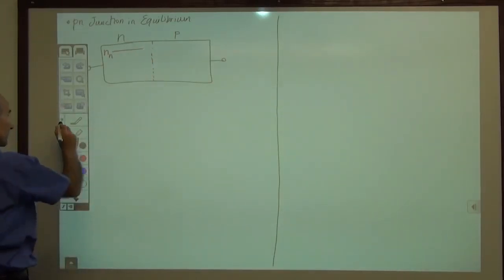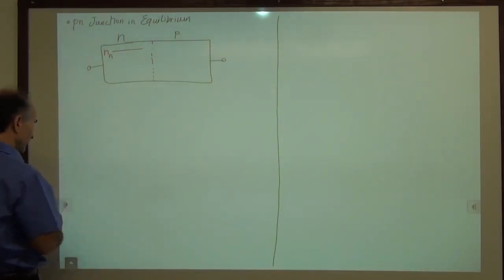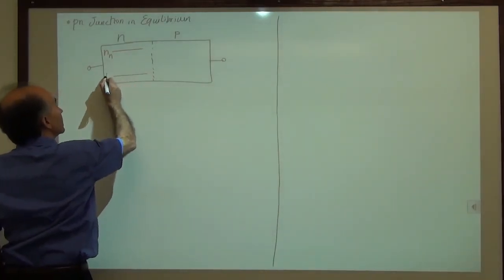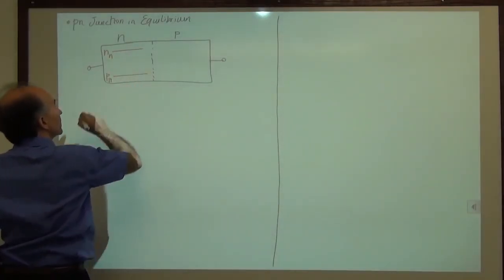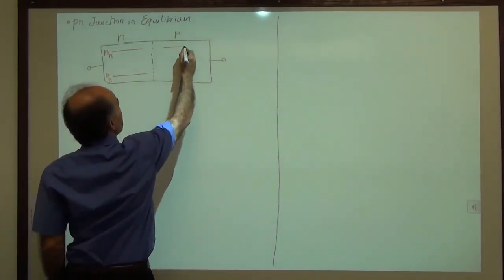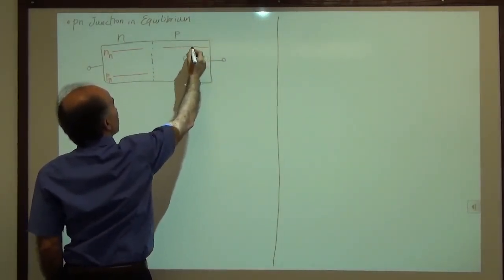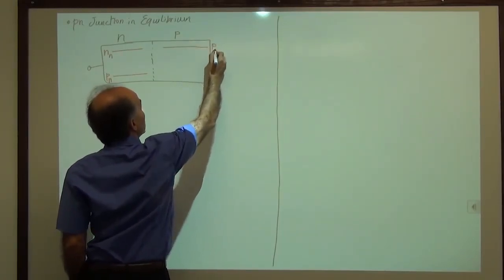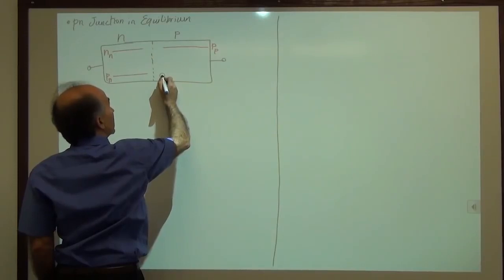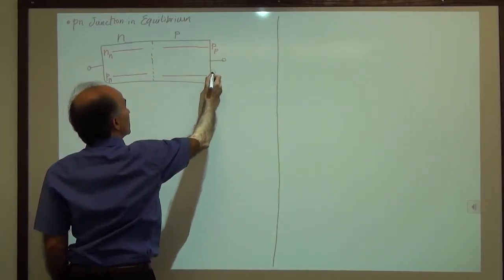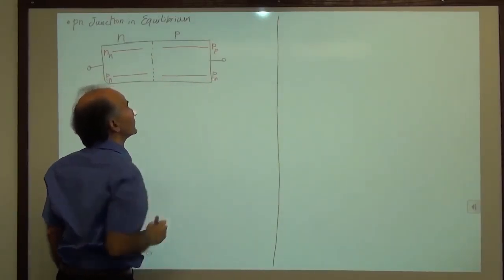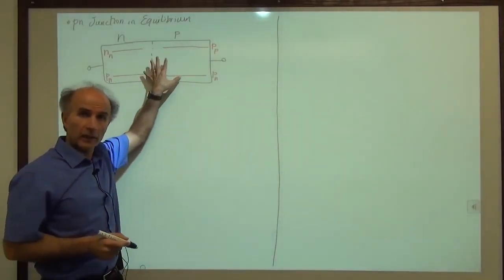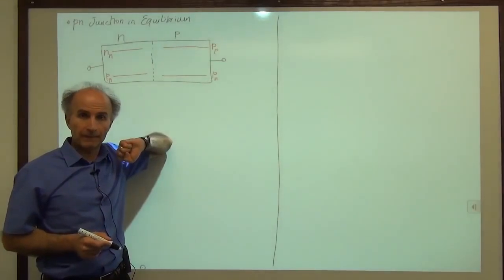N sub N. And a low concentration of holes, P sub N. Then we have a high concentration of holes on this side, which we call P sub P. And then we have a low concentration of electrons, which we call N sub P. Right? That's what we have in the N-type and P-type pieces.